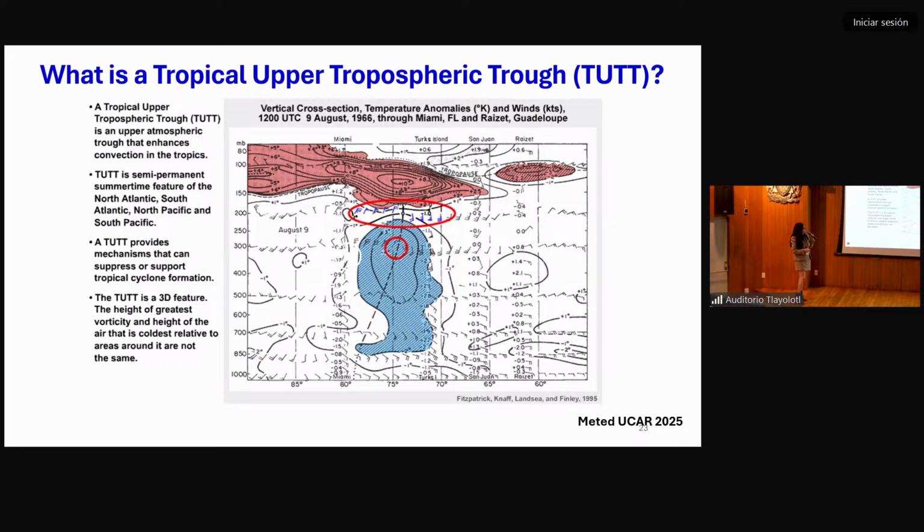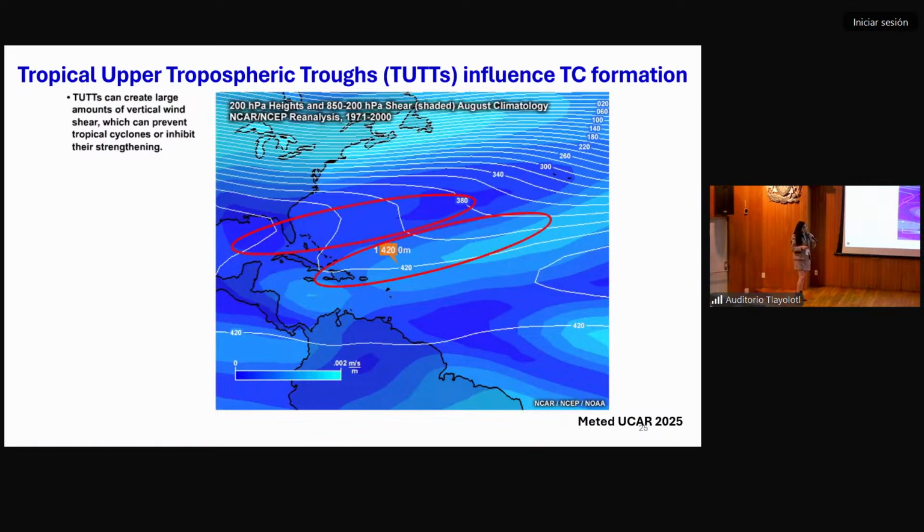You can see in this picture that the greatest vorticity is located around 200 millibars, but the coldest temperatures are located below this maximum in vorticity, at about 300 millibars. They can enhance tropical cyclone formation northwards of the center on the top, and southwards of the center on the bottom, tropical cyclone formation can be inhibited.